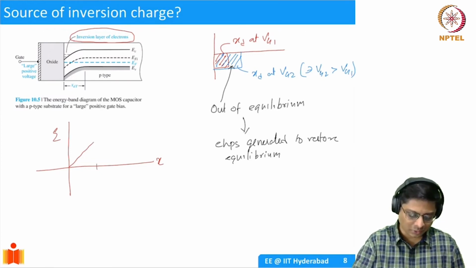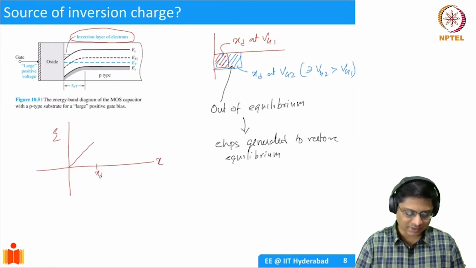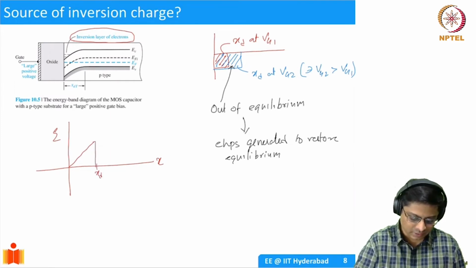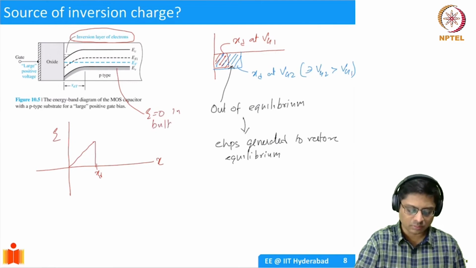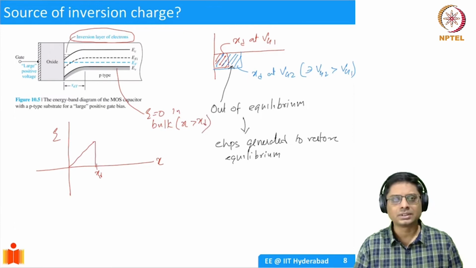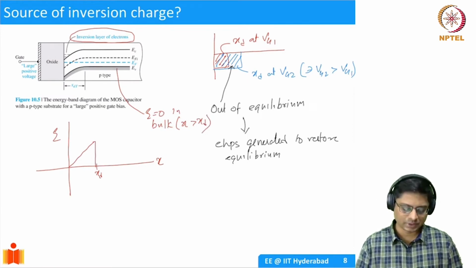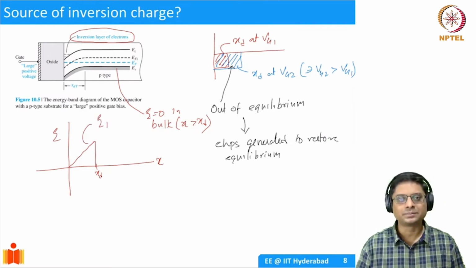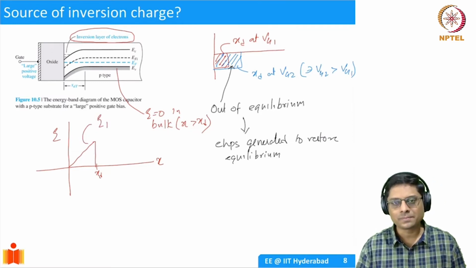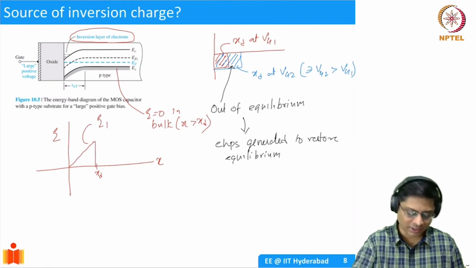We also know that as you cross XD, the field has to go to 0. E equals 0 in bulk, essentially X greater than XD. That's bulk for us. So, is this correct? Let's call it E1. Is it a valid solution for our problem? If you think about it, it turns out that no, this is not correct.